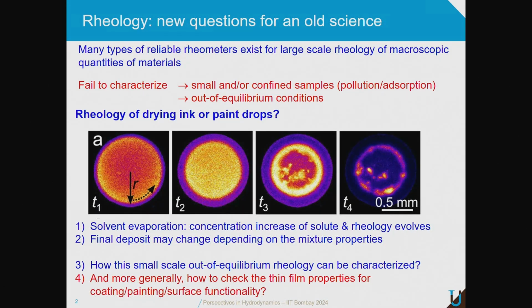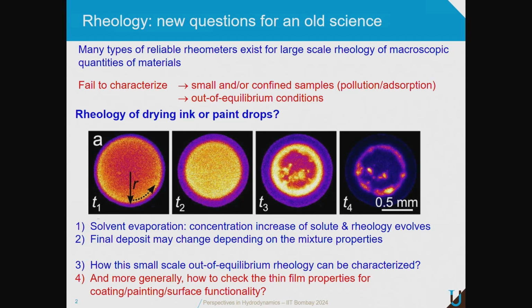And one of the examples that interests me a lot is this one. When you look at the drying of paint and inks, when you look at paint, it is wonderful. It is clear, and you have solvent evaporation and so on.